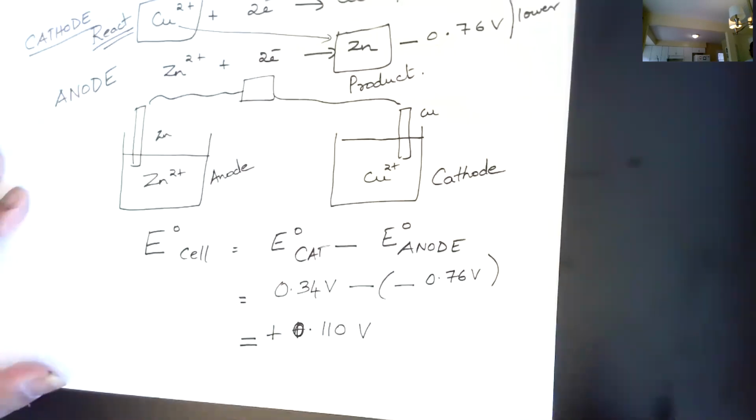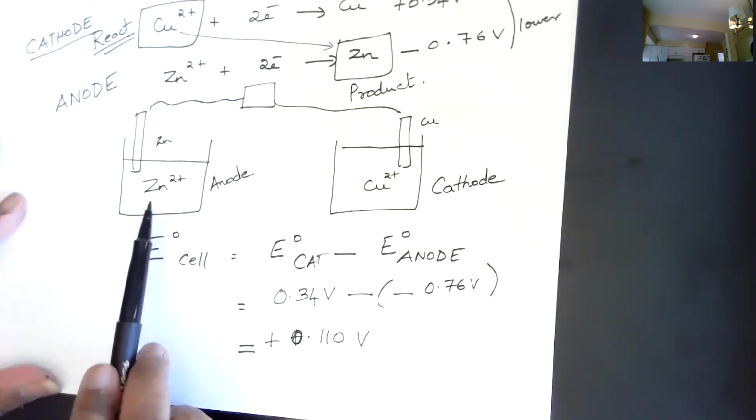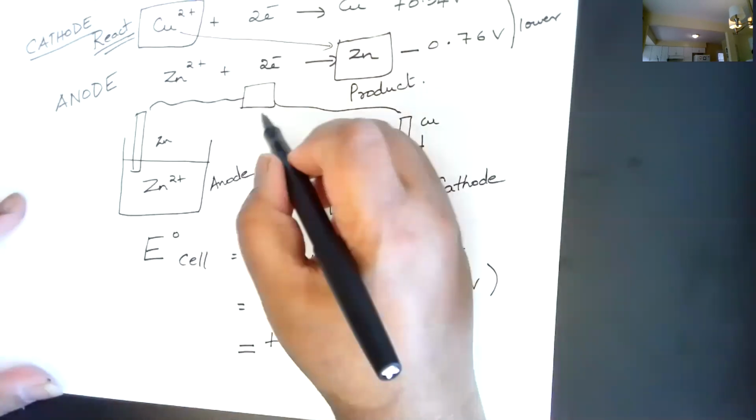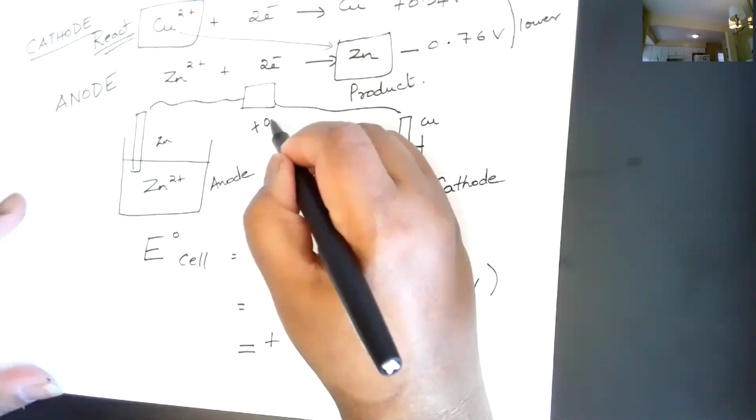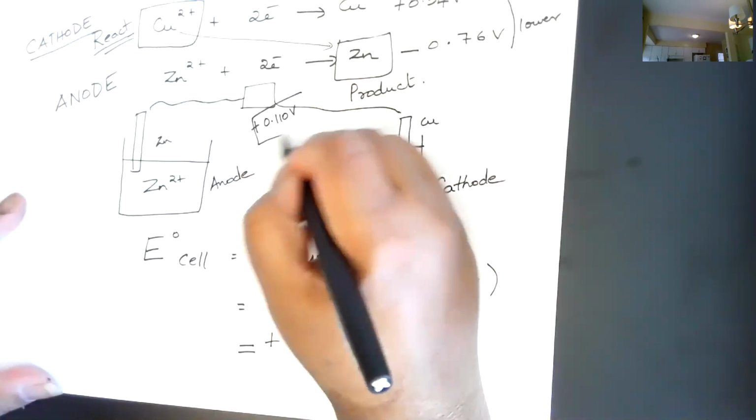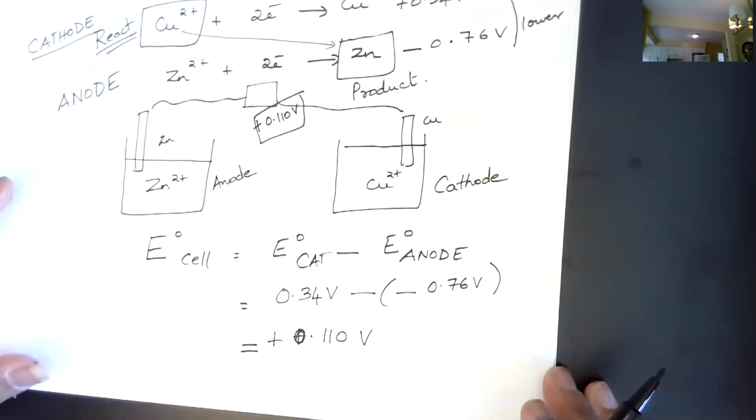So if you connected the anode correctly and the cathode correctly, then your voltmeter would read 1.10 volts.